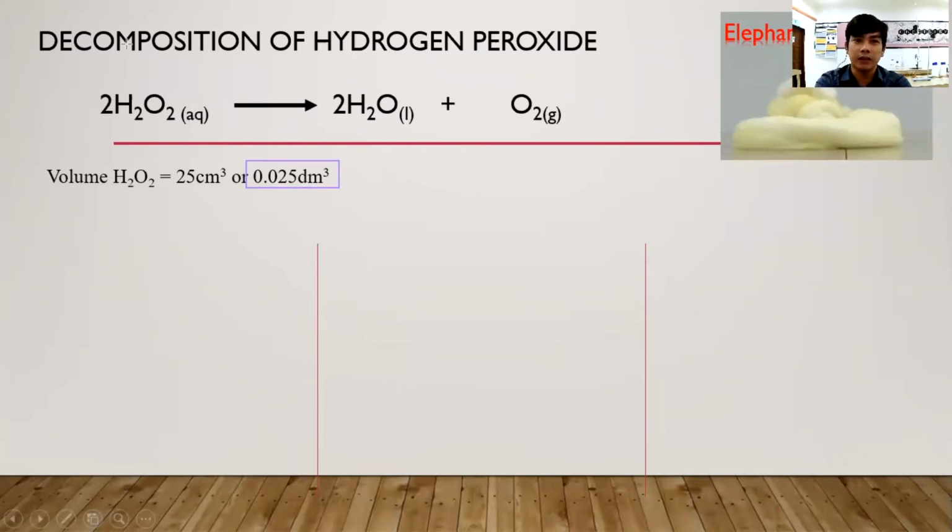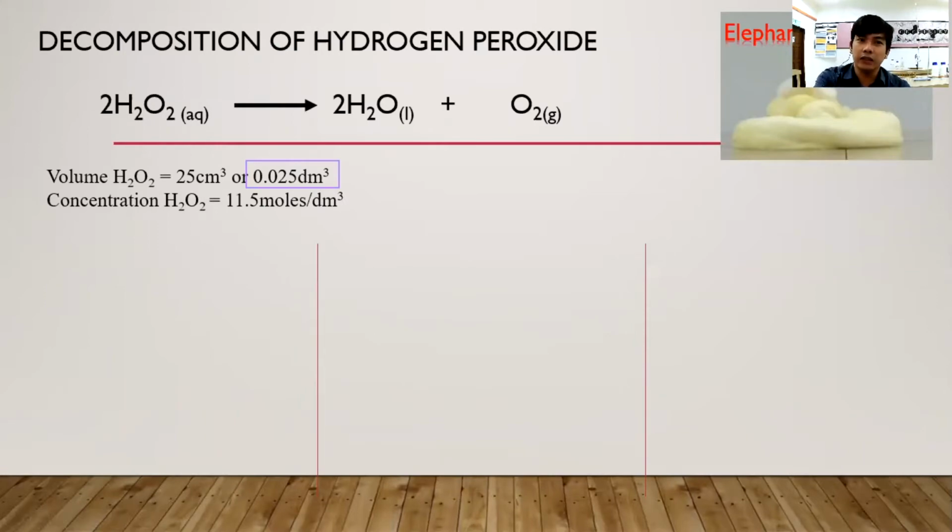And you know that 1 dm cube is equal to 1000 cm cube. So to get the dm cube from cm cube, you just have to divide 25 by 1000. So 25 divided by 1000, you have 0.025 dm cube. Okay, so let's proceed.